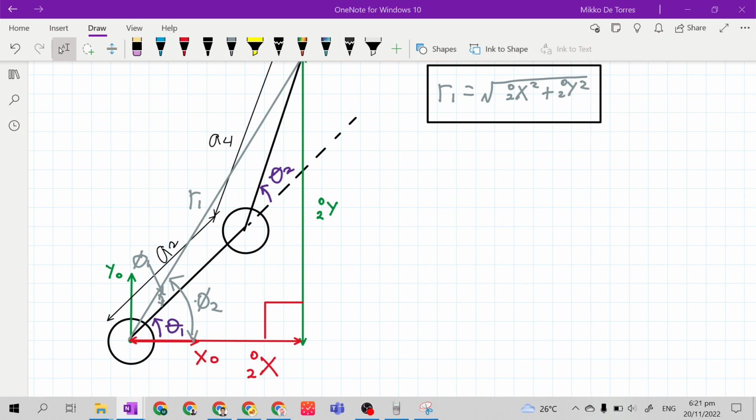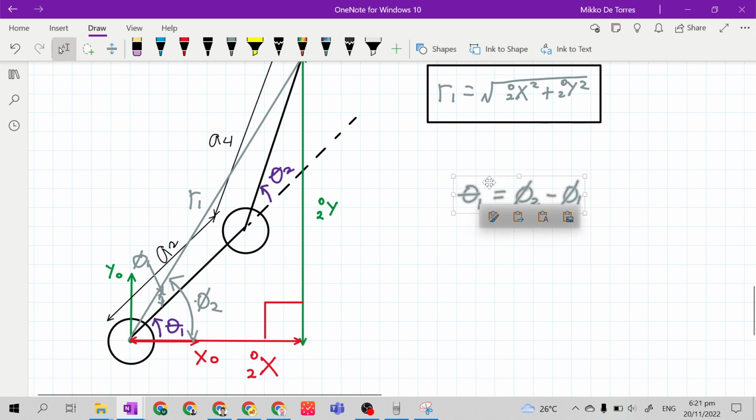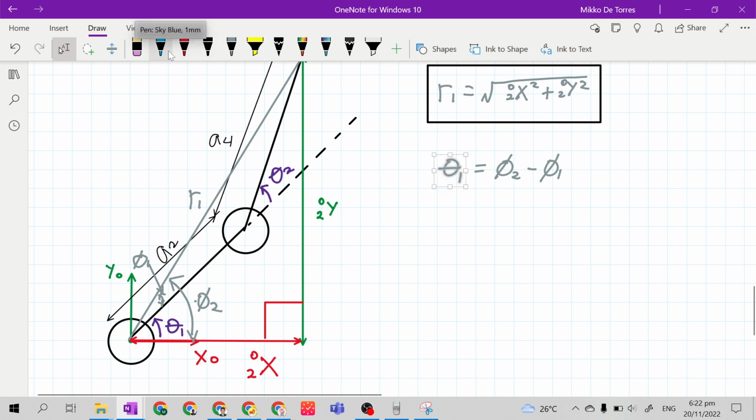Or theta 1 is equal to phi 2 minus phi 1. So we solve theta 1 because it is the one we need to solve.